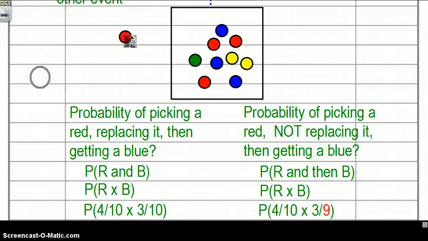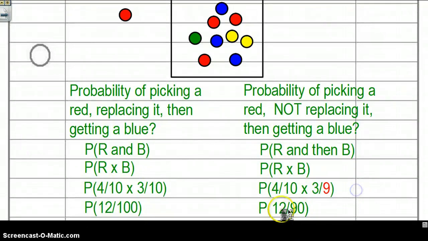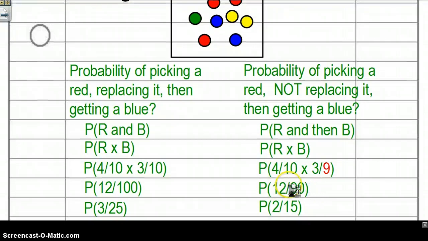Now there's still 3 blues, but total there's only 9. So instead of 4/10 times 3/10, we have 4/10 times 3/9, which gets us 12/90. We can divide those both by 6, and we get 2/15.